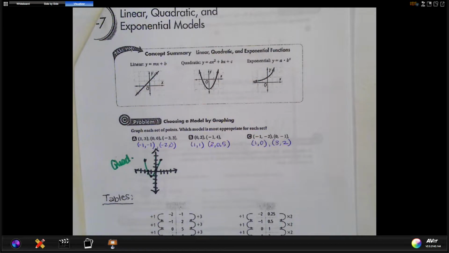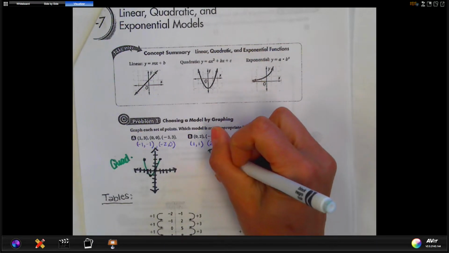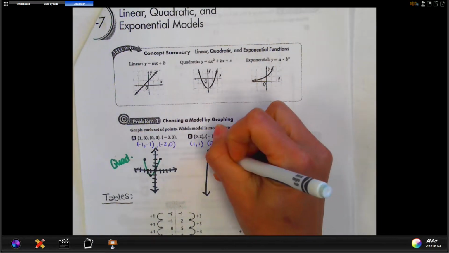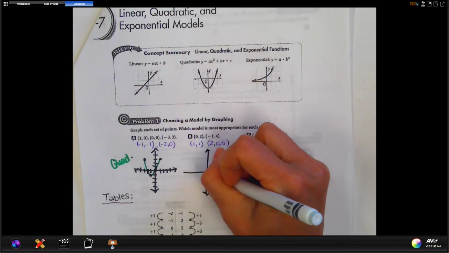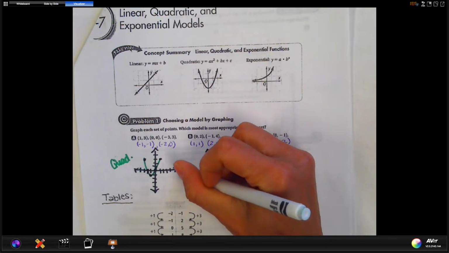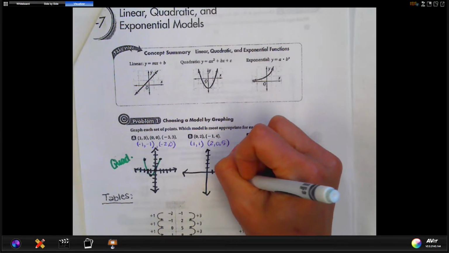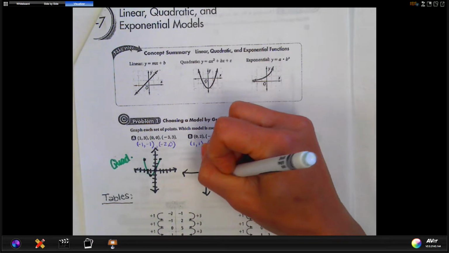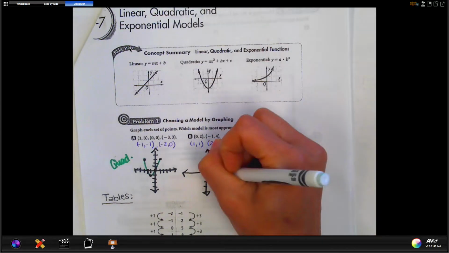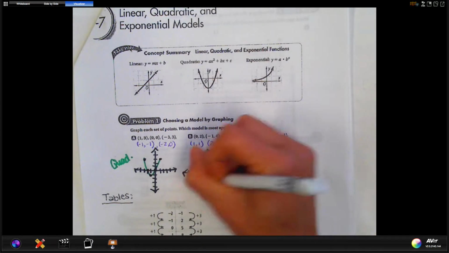Okay, next one. What's the highest amount I have to go to on B? 4. So again, you can make it one higher and make it a 5 by 5 just to get a good picture, or you don't have to because there are no extra predictions. It's not saying what's going to happen next. It's literally just asking you to graph it.